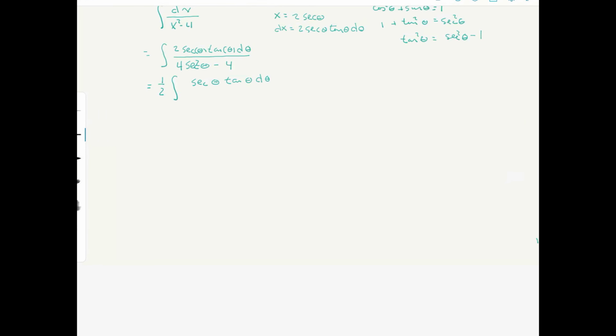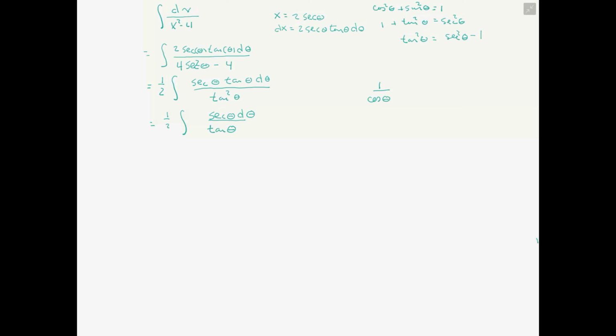We recognize that secant squared theta minus 1 is tangent squared, so we have secant theta tan theta d theta. Whoops, I don't know why I did that. That's secant theta, and that's over tangent squared theta.